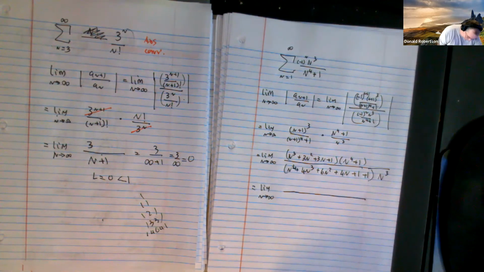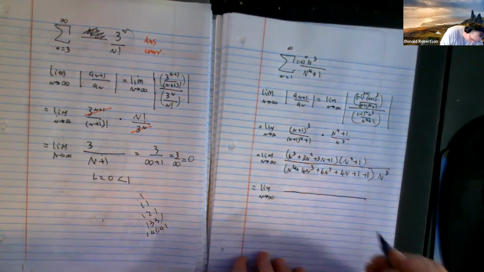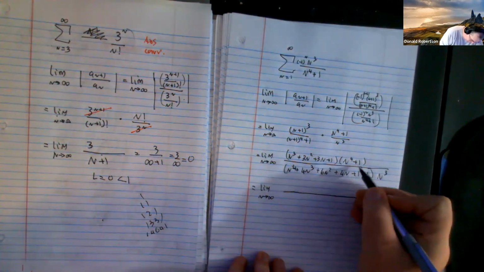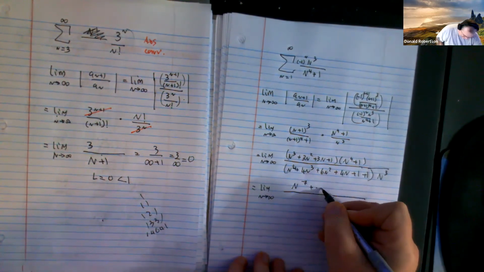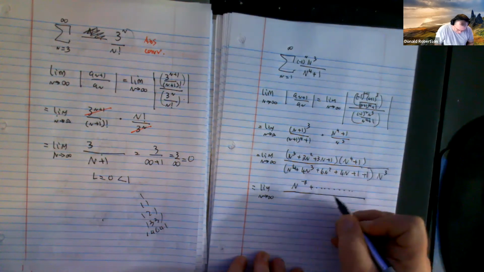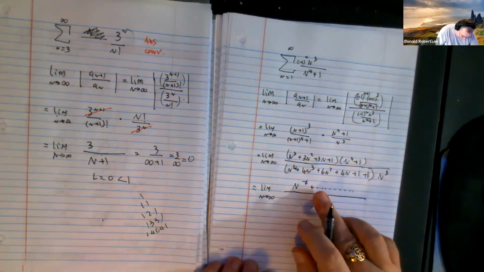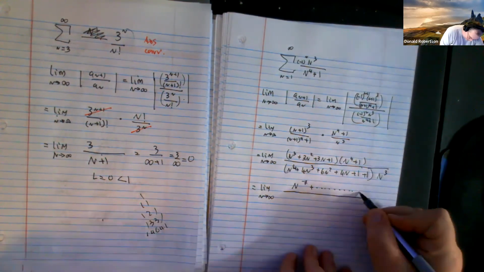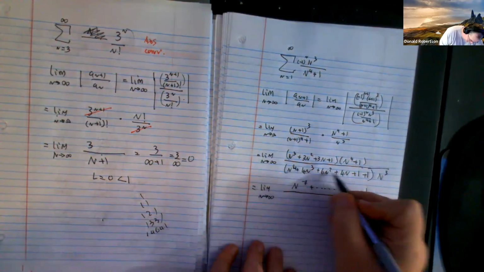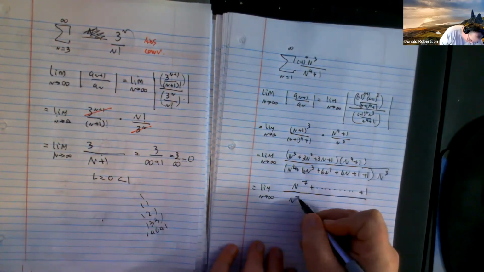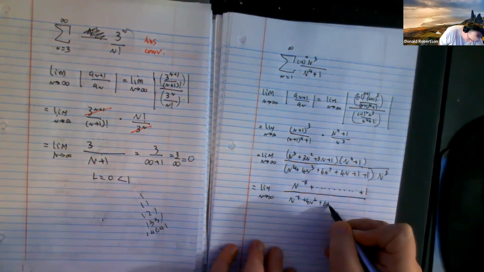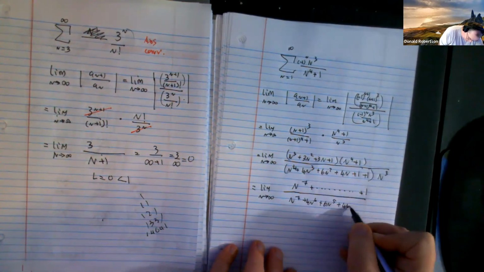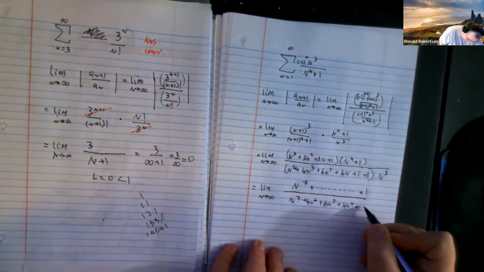Right, now if you multiply all of this together, I'm going to cheat a little bit. Would you agree that you get n to the 7 plus a whole load of stuff like 6s and 5s and 4s, and you finish with a plus 1? And if you multiply all this, you get an n to the 7, and a 4n to the 6, and a 6n to the 5, and a 4n to the 4, and there's 2 of them, so you get 2n cubed.